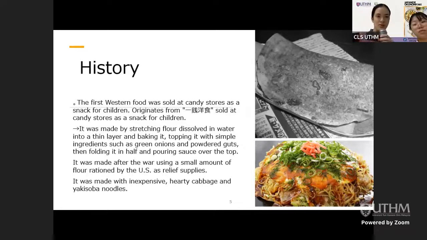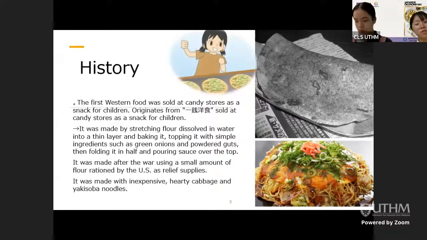This is Issen Yoshoku. It was so named because a sen was the unit of money in Japan at the time, and it could be purchased for one sen.